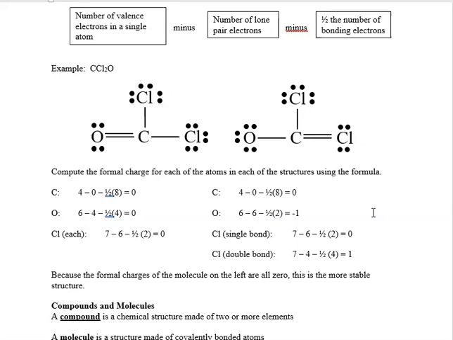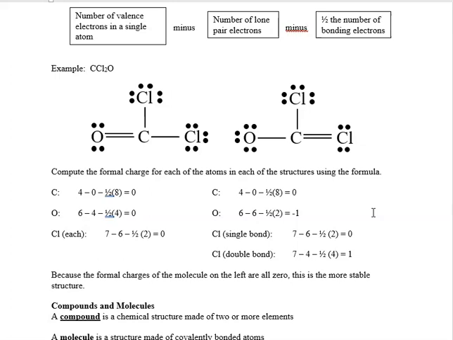Now the chlorines. The chlorines are both identical, so you can just calculate them both at the same time, but you have to double count whatever number you come up with. So chlorine, if you look at it on the periodic table, has 7 valence electrons. If you look at each of those chlorines individually, each one has 6 lone pair electrons, and each one has 2 bonding electrons.